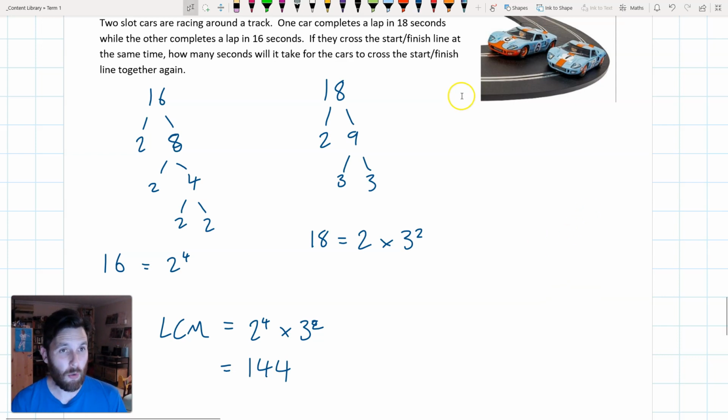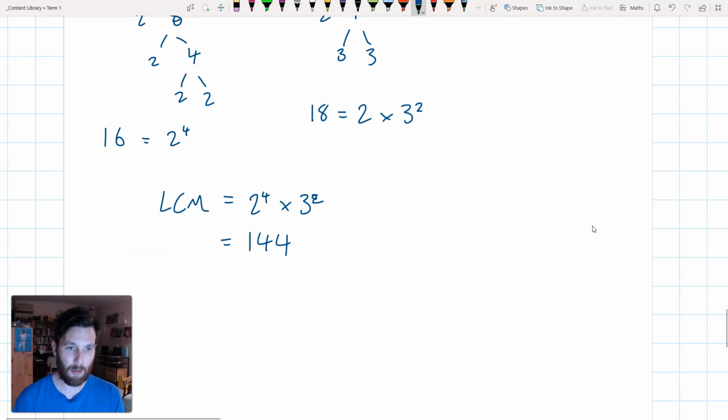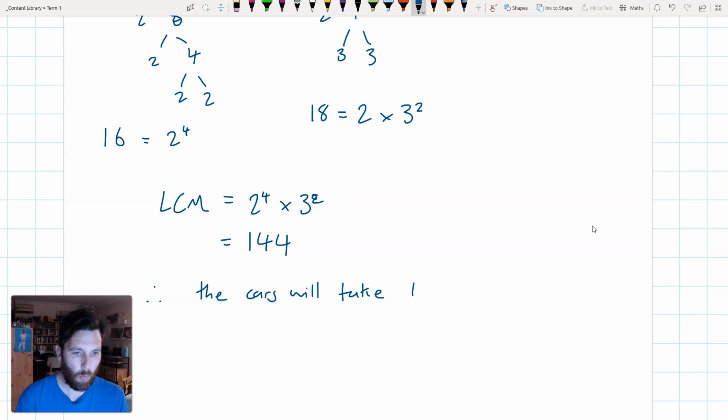Generally speaking, if you're given a worded question, it's nice to give a worded answer. So if our question is how many seconds will it take for the cars to cross the start-finish line at the same time again, we can say therefore the cars will take 144 seconds to cross the start-finish line together.